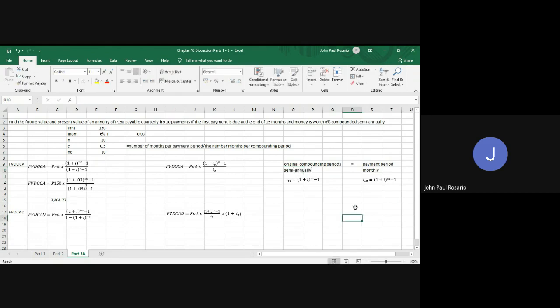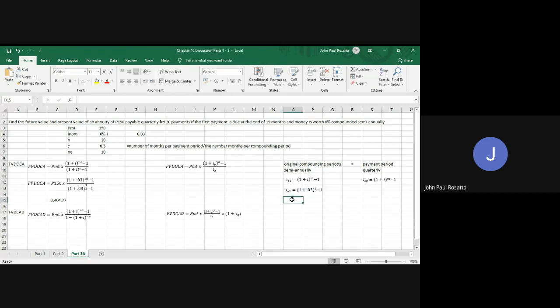Anyway, guys, this way of solving for your equivalent interest rate or compounding period can be used whether your C is greater than 1 or it's less than 1. Okay, so payment period is quarterly. So here we know that our I is 0.03 and our M is 2.